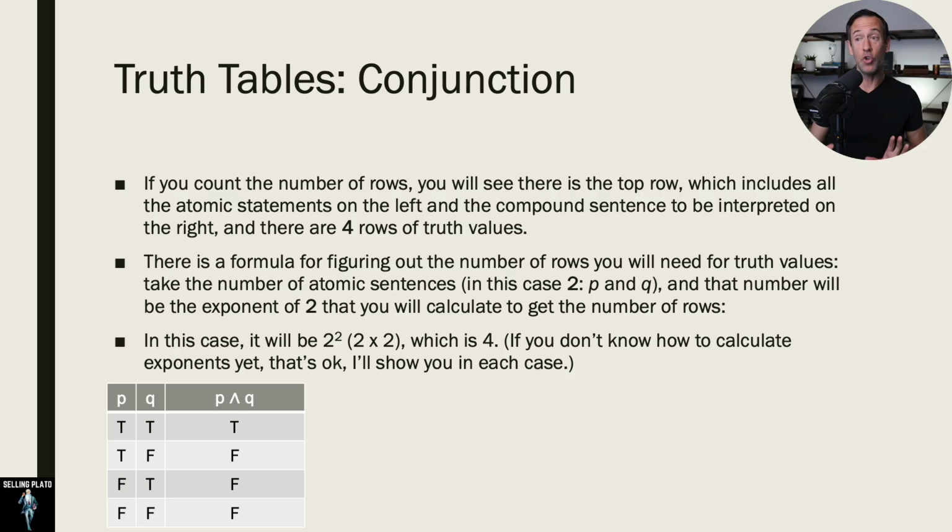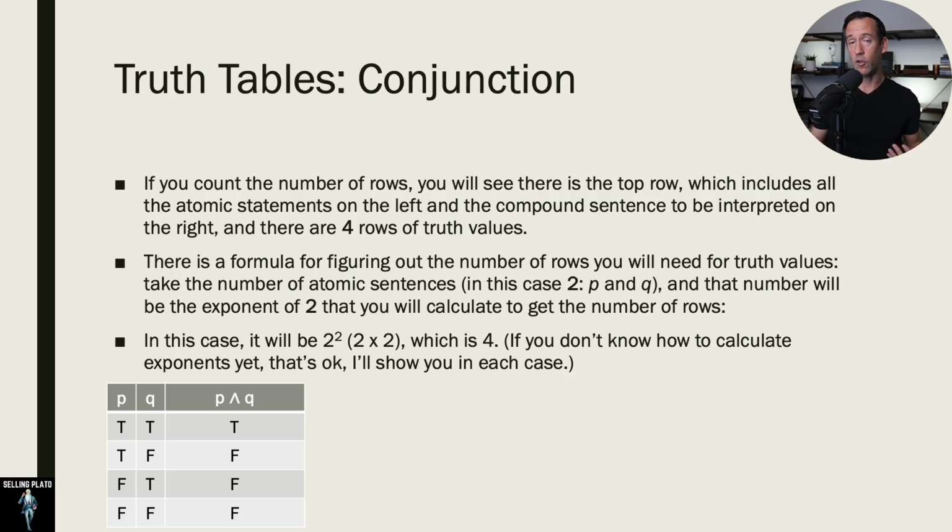And if you don't know how to calculate exponents, or it's been a while and you forget exactly how it works, that's okay, because I'm going to show you in each case. So think of this as a nice shortcut. It's a really easy way to figure out the number of rows in the truth table that I'm going to be building. This is the way to do it.